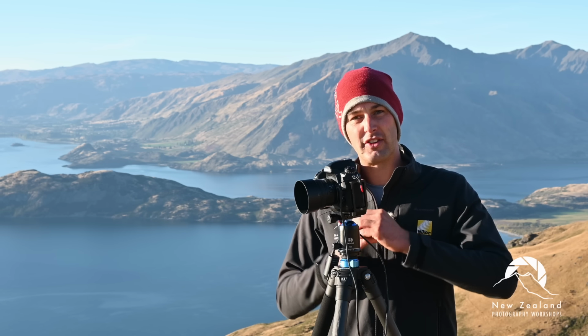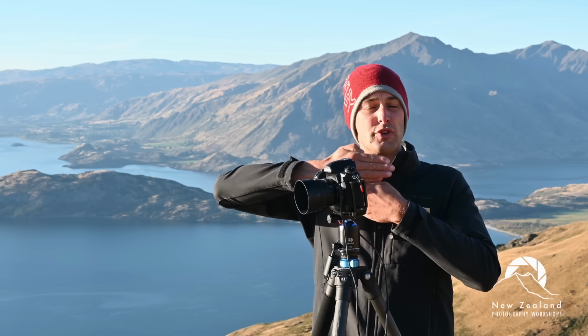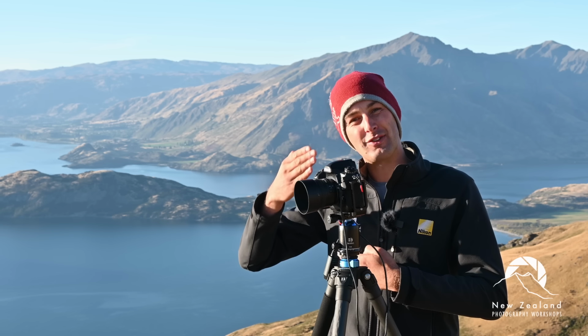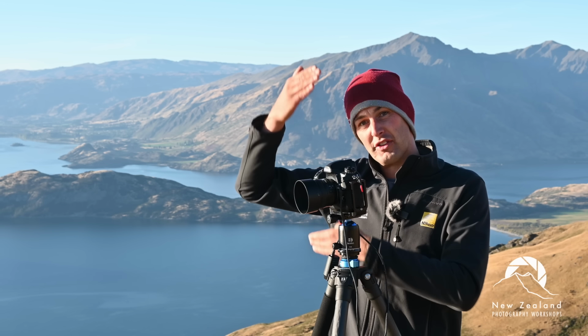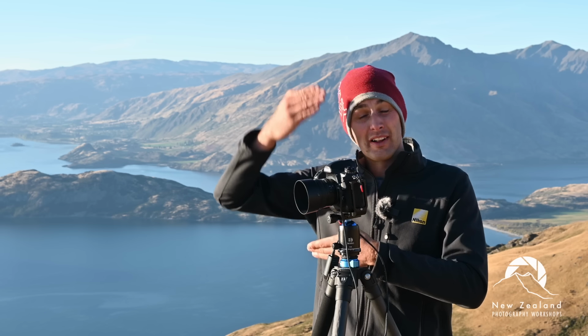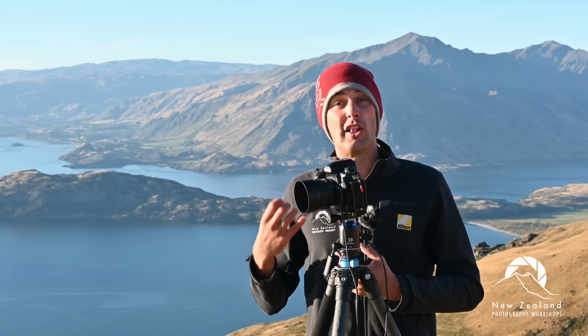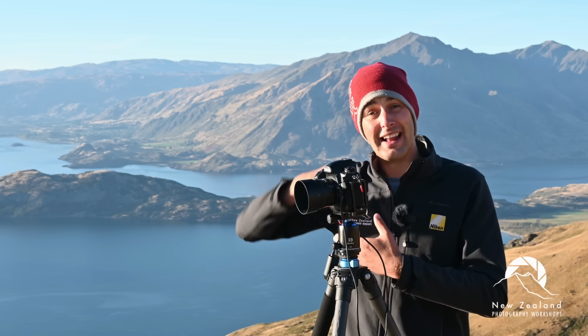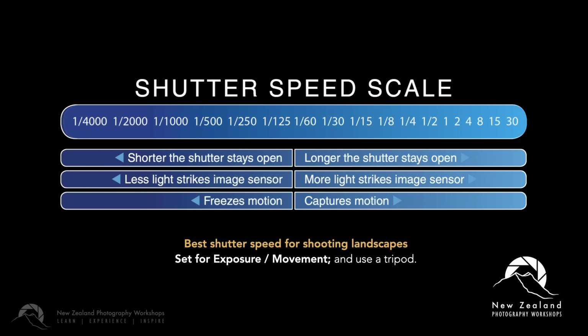It's the opening of the shutter, the actual physical mechanical shutter that's opening, that's letting the light hit the sensor. And it's the time it's open for. So we can have a very fast shutter speed, like 0.04 of a second, that's going to open and close really quickly. Or a very long shutter speed, like a second, that's going to stay open for a prolonged period and let a lot more light in. So it's going to control the amount of light that comes in.